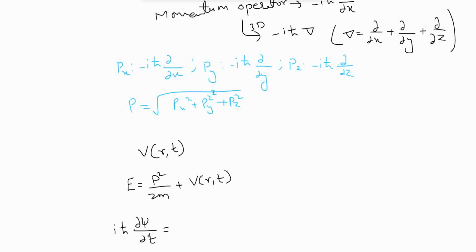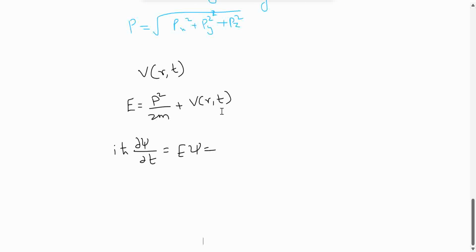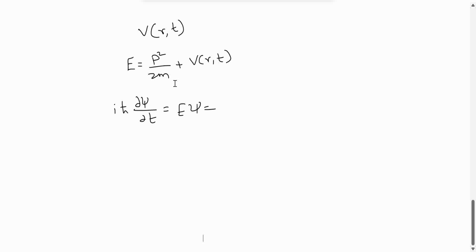And we know that E is nothing but p square by 2m plus V of r comma t, because there is potential energy also, times psi.